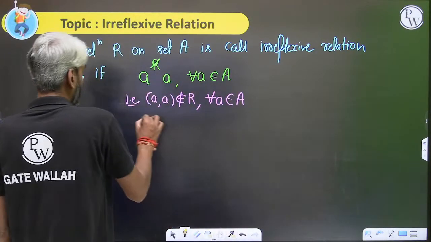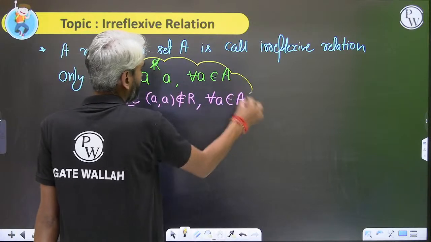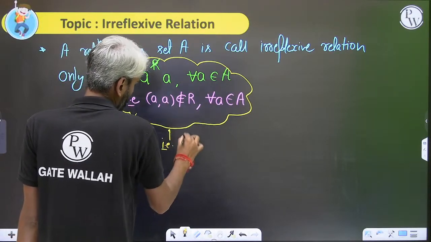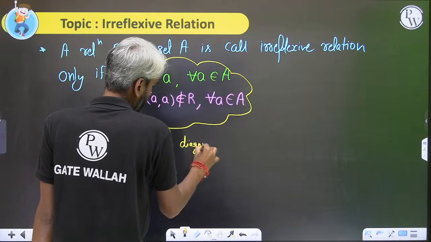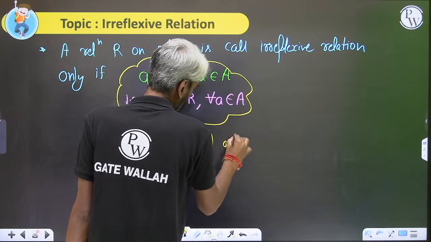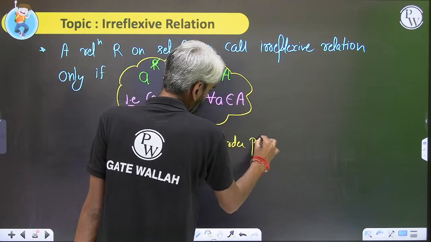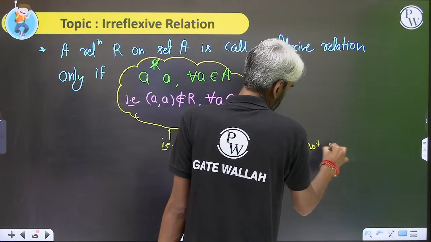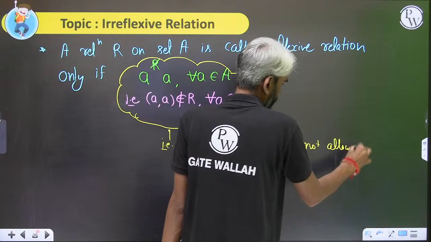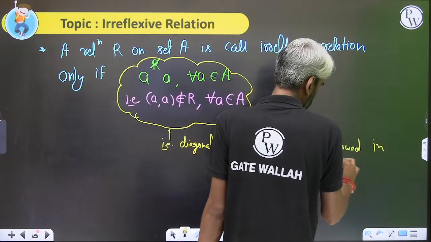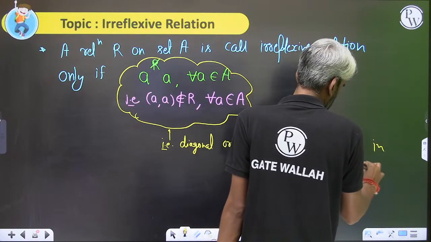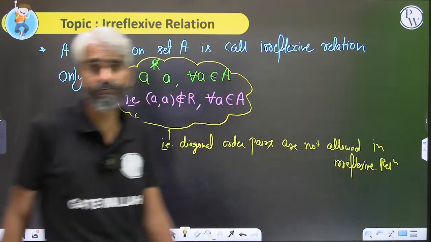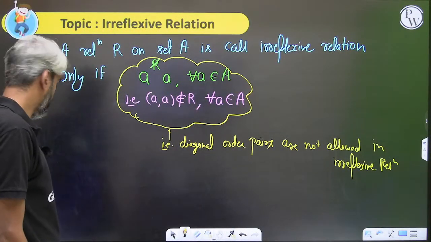Simply try to understand this: diagonal ordered pairs are not allowed in an irreflexive relation. Okay.